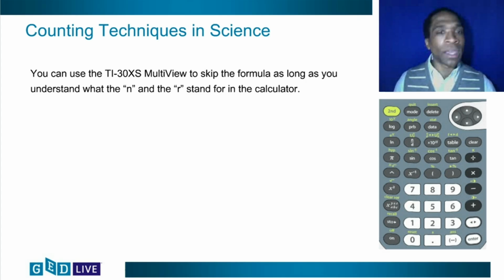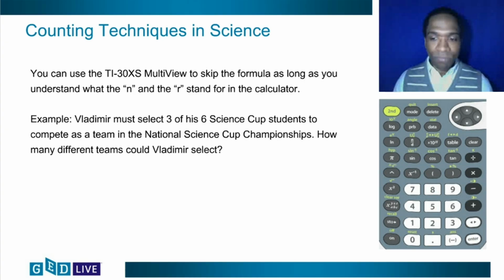So let's do a formal example here. You can pause the video and read through this, think about it, and then restart it, and we'll work through it. Okay, so now, what's N, or the total number of students here? 6, right? And what's the R?